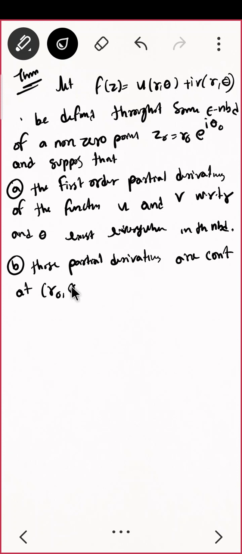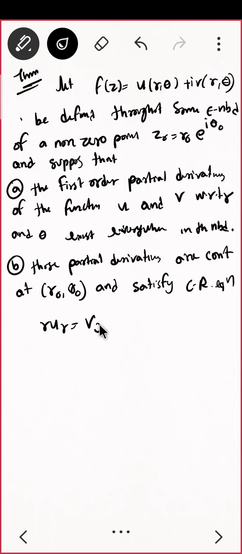Now I am having theta naught, okay, and satisfy the CR equation. What is the CR equation? Now we have r Ur equal to V theta and minus r Vr equal to U theta. This looks good, U either V theta or U theta, so it is good to remember this.